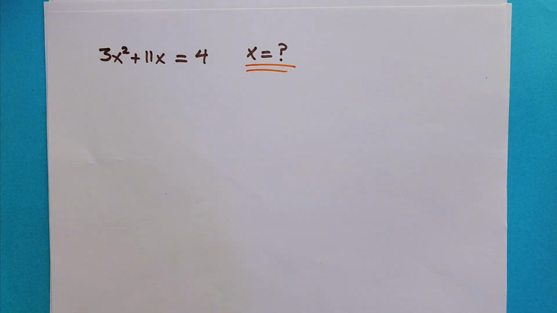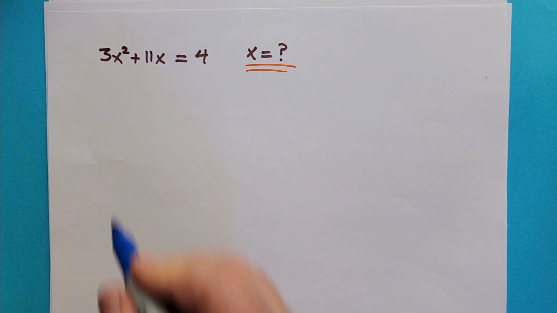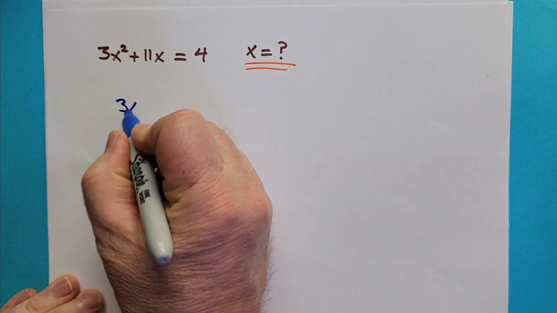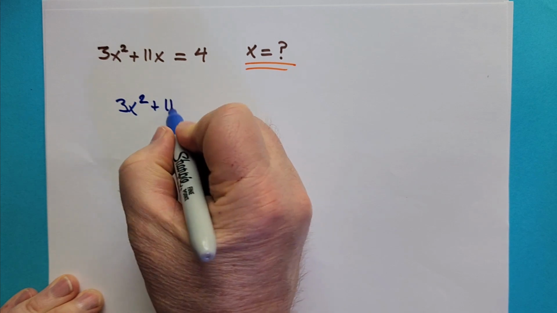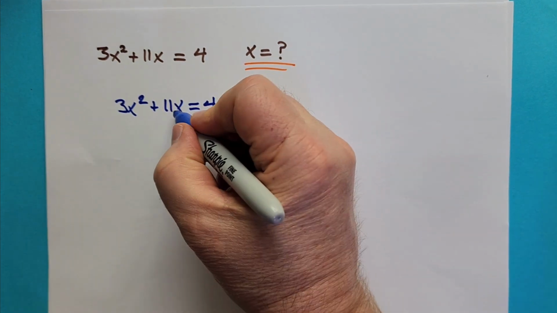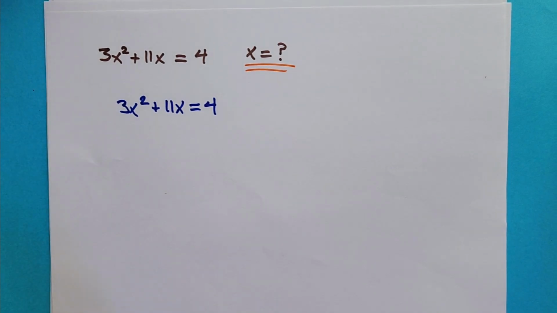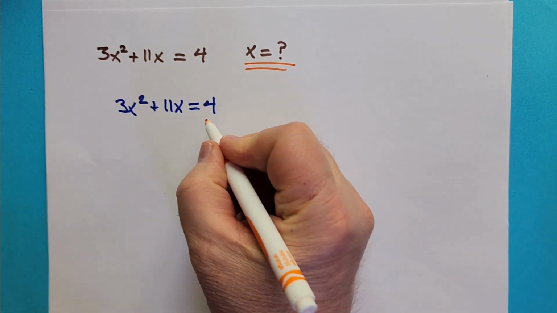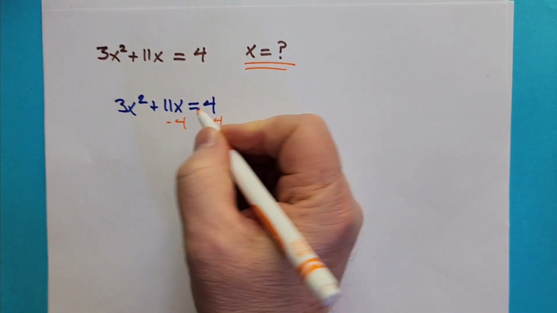Okay, so here we go. Let's go ahead and move that 4 so we can get 0 on one side of the equation. Let me write the equation down first. So we have 3x squared plus 11x equals 4. Now, to get this in standard form, we need to have 0 on one side of the equation. So I'm going to go ahead and add a negative 4 to both sides of the equation.